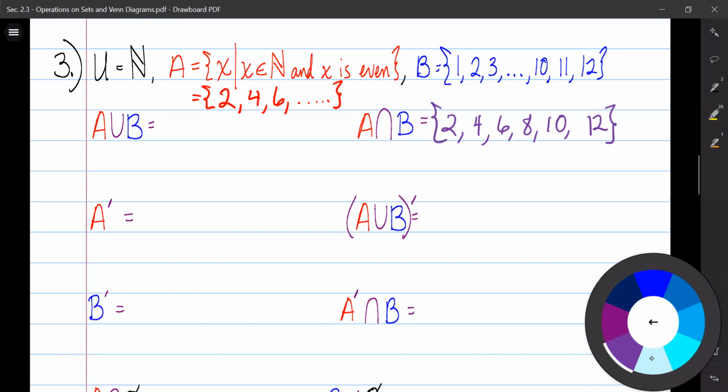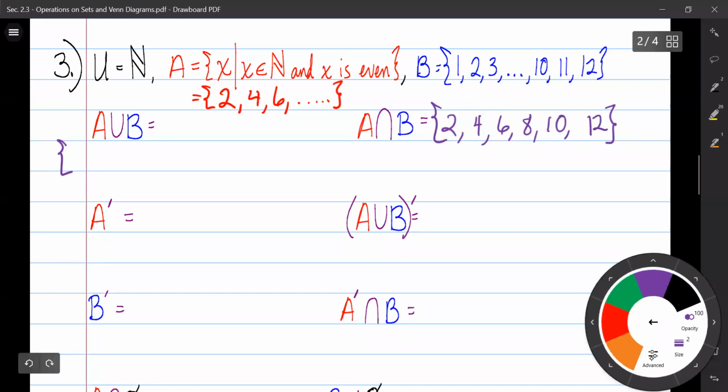All right, and then the union is going to be a little bit awkward to write out. I think it's important in this case to try to put them in order, just so it'll make some kind of sense.